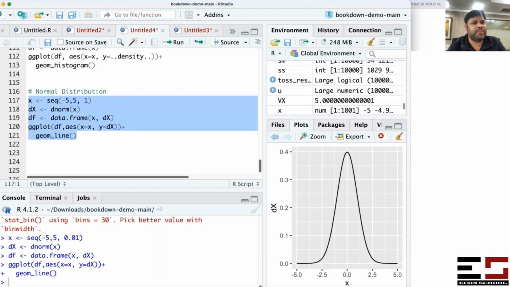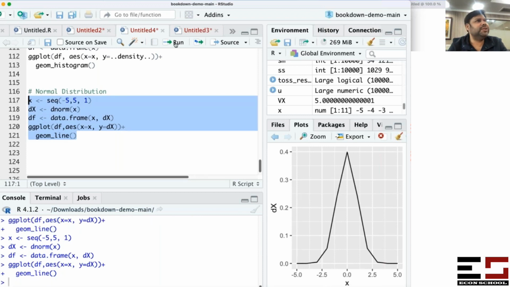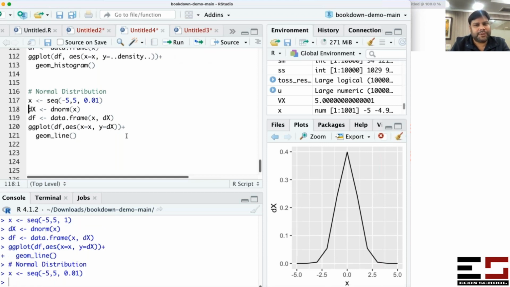It will look like a piecewise linear function. Can you see this? So it looks like a curve because we take very tiny steps. It's actually a piecewise linear function that you are plotting.